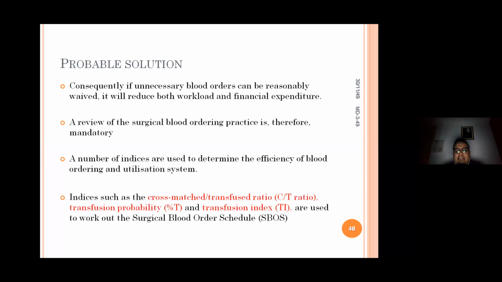These indices are the cross-match to transfusion ratio, also called the CT ratio, then transfusion probability and transfusion index. These are used to work out the surgical blood order schedule. Now, what are these indices? We'll look at them one by one.